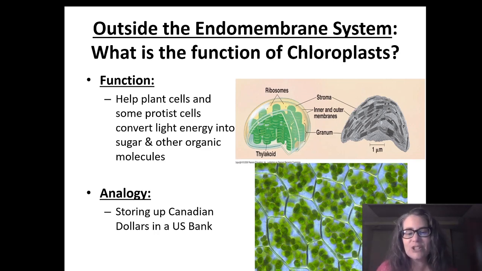And so my analogy is that a chloroplast is almost like you're storing Canadian dollars in a US bank account. If you were to take your Canadian dollars, they are money, but if you were to take them to a store in Moscow, Idaho, then the store would probably be like, nope, we can't take those, right? Only US dollars. And so it is a kind of money, but it isn't a quick spendable form of money for a cell.